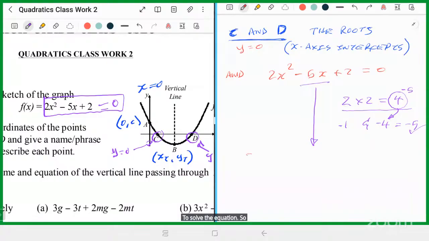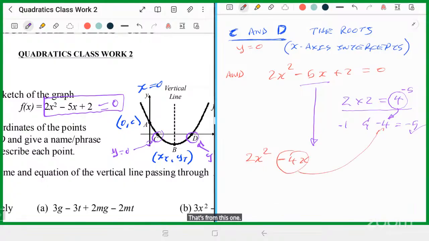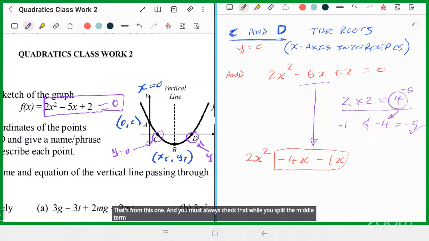So we now have 2x squared, minus 4x, and minus x. You must always check that when you split the middle term, it would give you back that middle term, which they would.